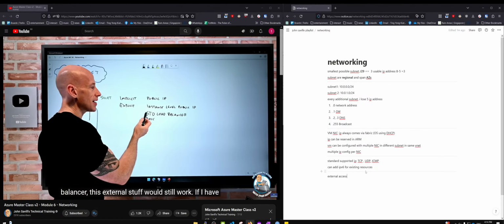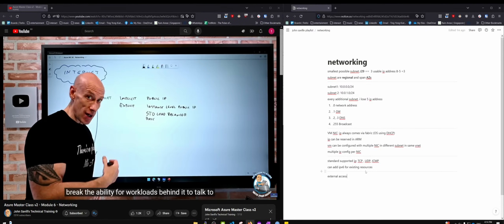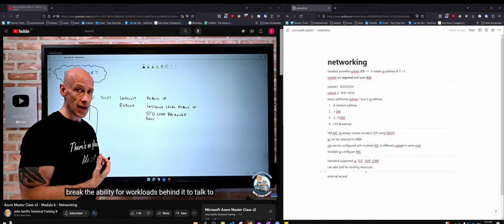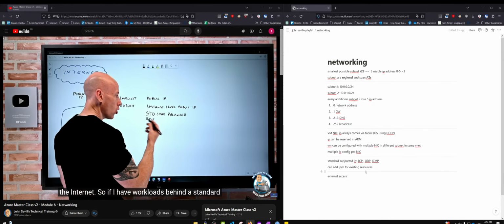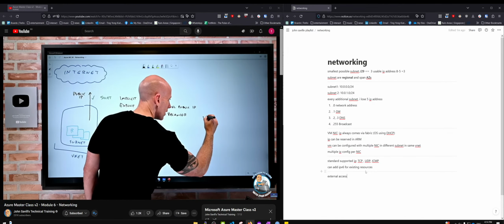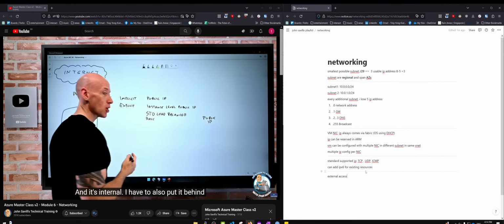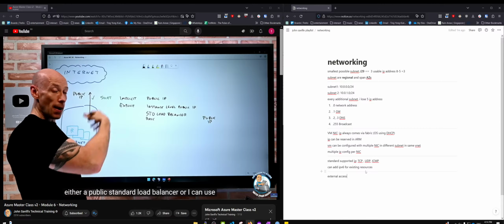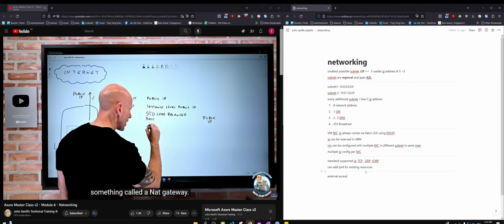If I have a standard load balancer and it's internal, it will actually break the ability for workloads behind it to talk to the internet. So if I have workloads behind an internal standard load balancer, I have to also put them behind either a public standard load balancer, or I can use something called a NAT gateway.